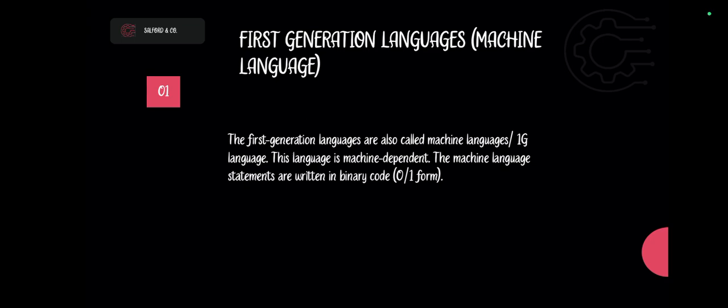The advantage of this first generation language is that it is fast and efficient, as statements are directly written in binary code. Second, no translator is required. The disadvantage is that it is difficult to learn binary code and difficult to understand.